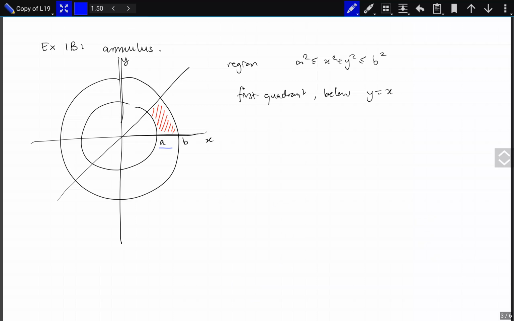What we have is that the radius lies between a and b, and the angle theta lies between 0 and pi by 4.